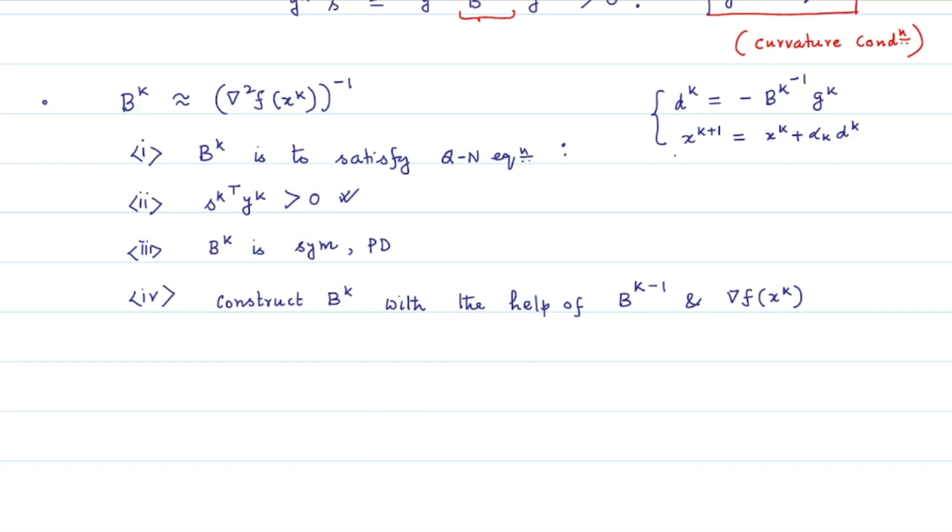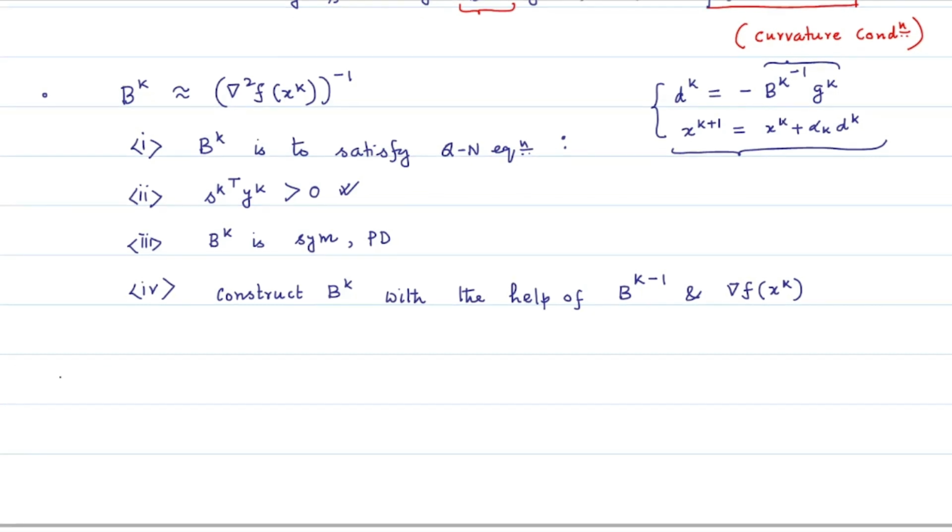Now, if we go with this quasi-Newton method with dk as given by this expression, then we will have a few quick notes. Those are as follows. The first note: we recall that we have seen that Newton's method is a steepest descent method under the matrix norm, or an ellipsoidal norm, with respect to the Hessian matrix at the current iterate.